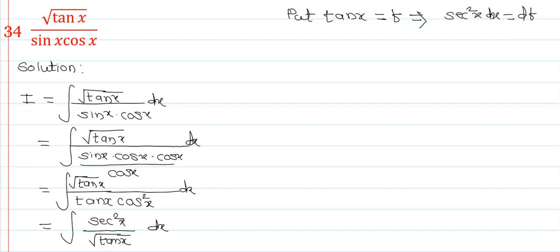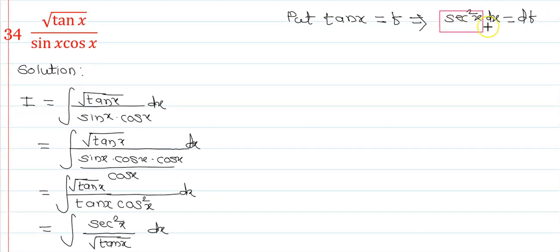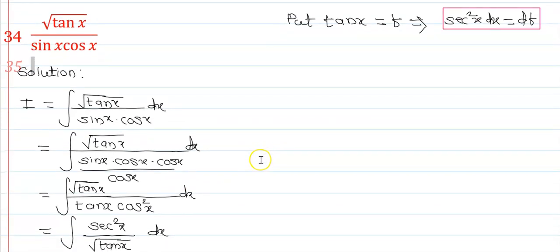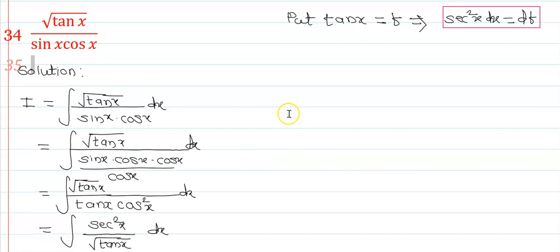Here sec square x into dx is equal to dt.